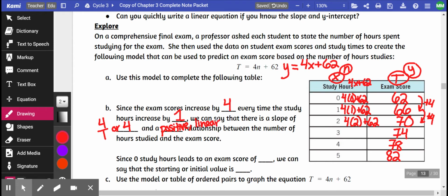And we can say that it's a linear relationship because these are going up by 4 as these go up by 1. And that relationship is between the number of hours studied and the exam score. So since 0 hours of studying leads to an exam score of 62, we can say the starting or initial value would be 62.